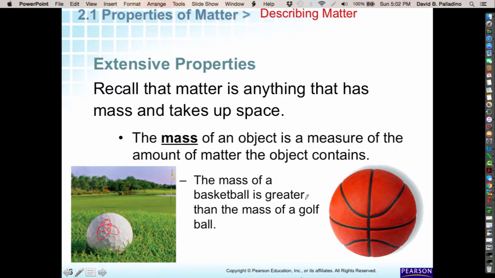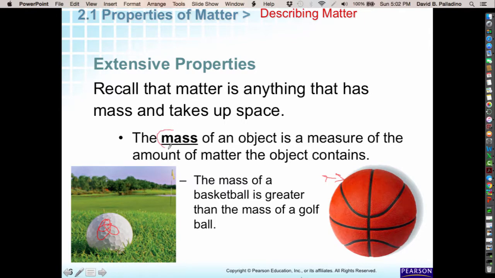It's kind of small versus this big basketball. So just by looking at it, one thing we can say is the volume that this golf ball takes up versus this basketball is a lot less. But we also know that the mass of a basketball is a lot more than a golf ball. So the mass of the object depends on the amount of matter.